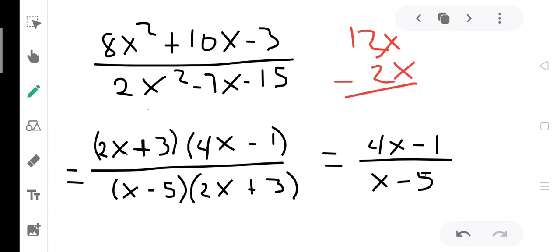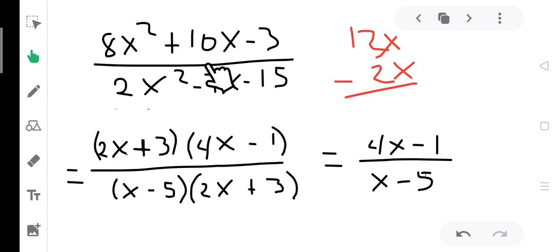Now, combining 12x and negative 2x, we will get positive 10x. Since all three terms in the trinomial are satisfied, these are the correct binomial factors.